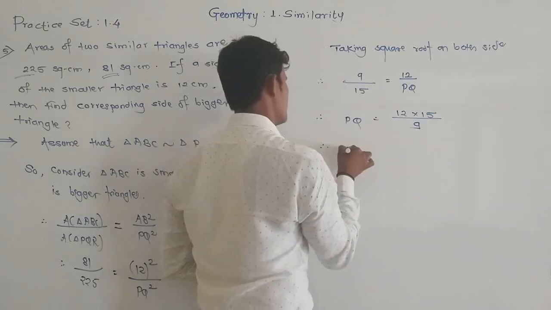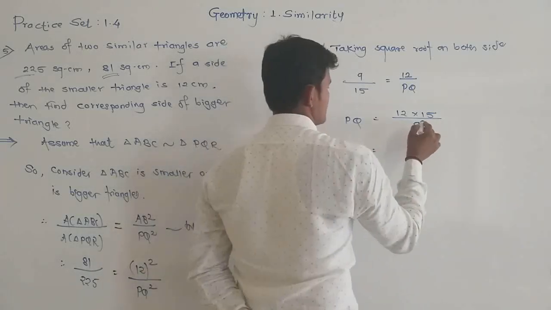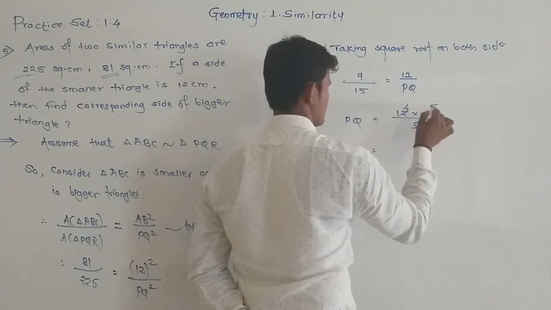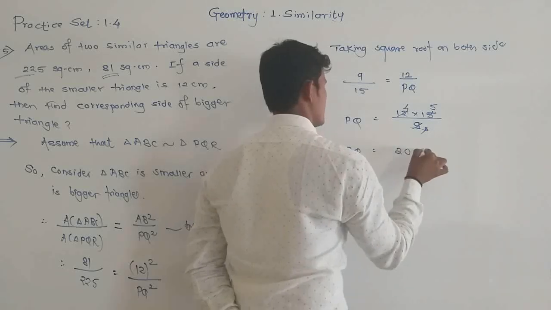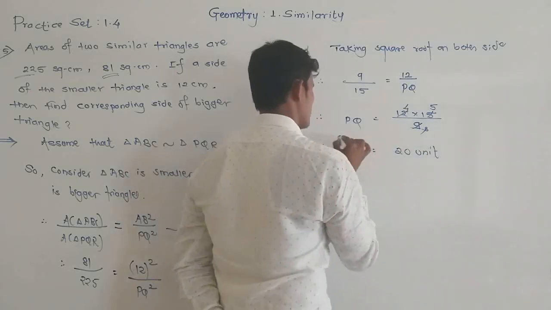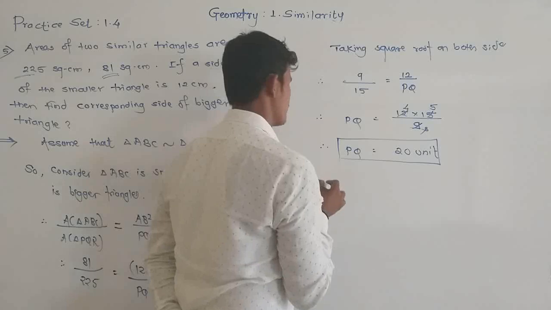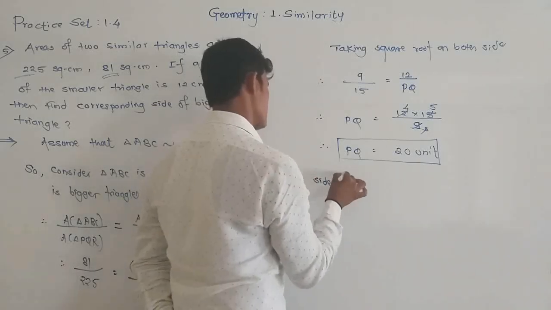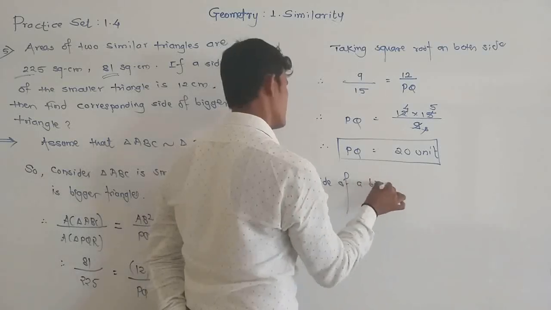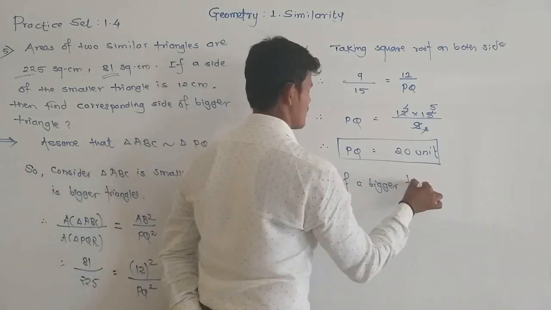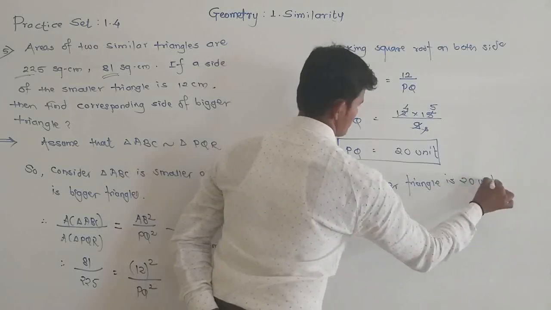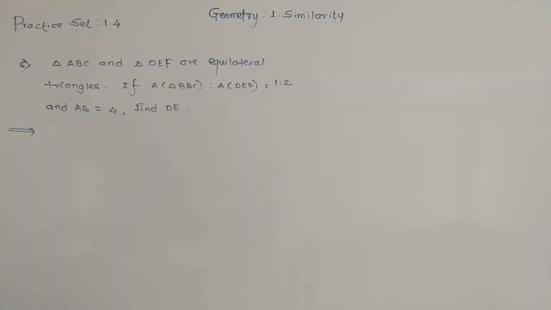So finally, 3 threes are 9, 4 threes are 12, 5 fours are 20. So the corresponding side of the bigger triangle is 20 units.